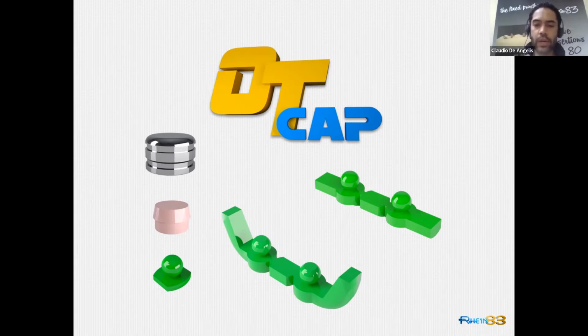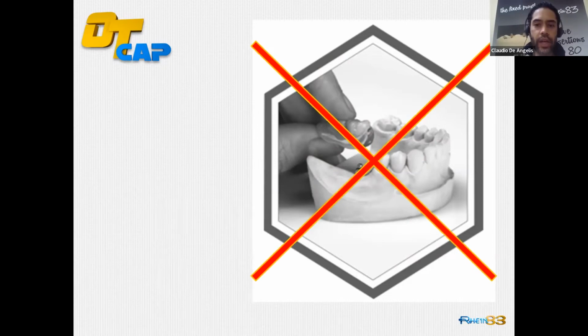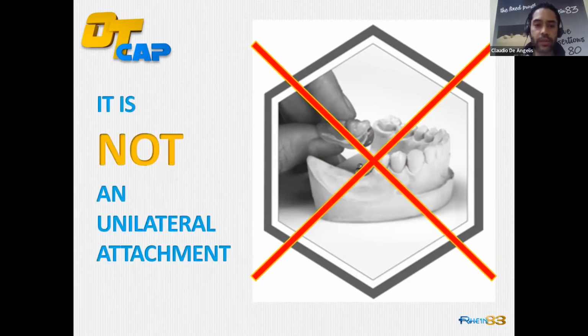Let's see how we can use one of those. Please, I want to stress this point. Do not misunderstand Otica. Otica is not a unilateral attachment. Okay. You should always use Otica on both sides of the arch, okay? On the right and on the left side.